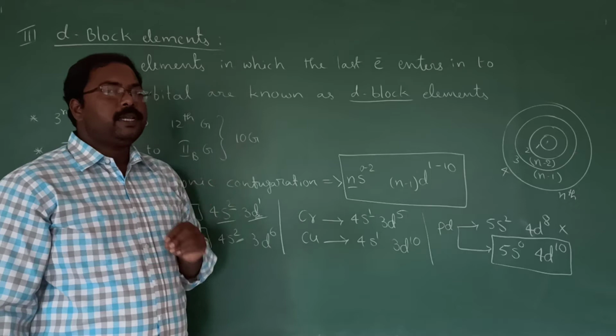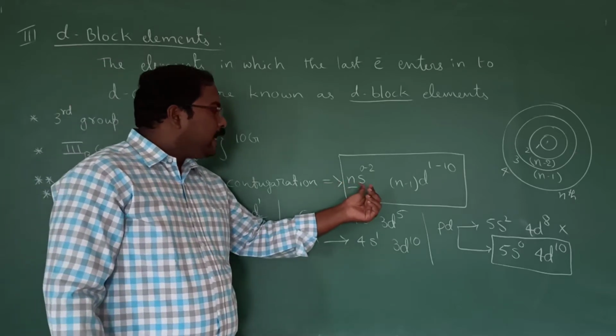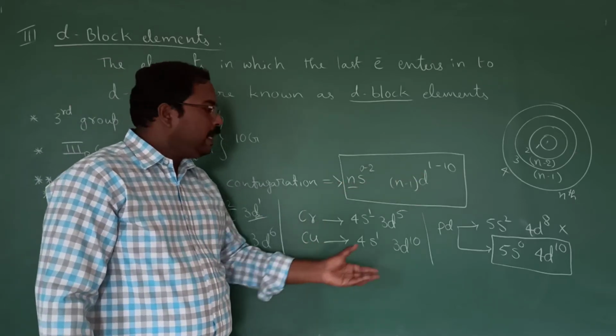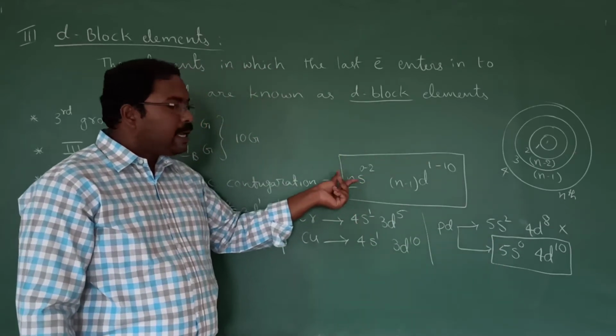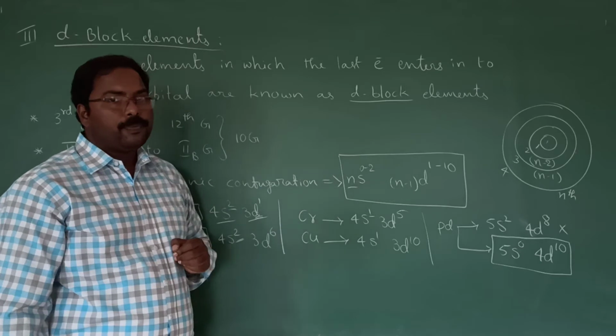So that is in some of the textbooks. They are giving it as ns1 to 2. But including this exception also, the exact configuration is ns0 to 2. Okay?